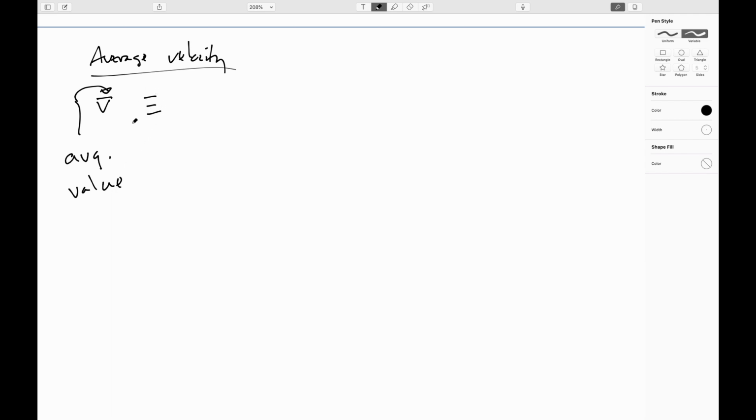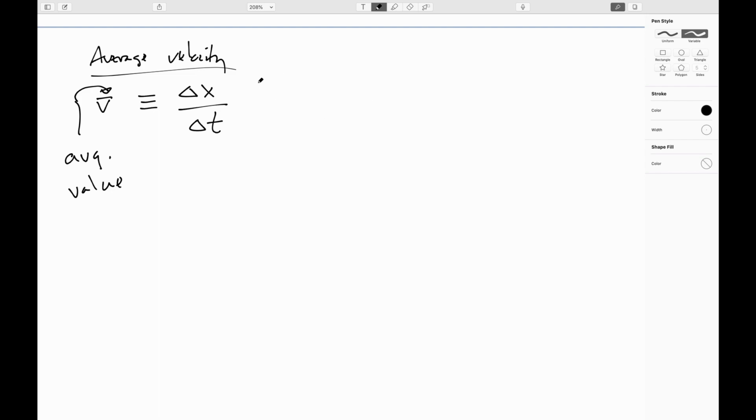When you see an equal sign that has a third line on it, to a physicist, this means by definition. So the average velocity is defined to be the displacement over the elapsed time it took to do the motion.